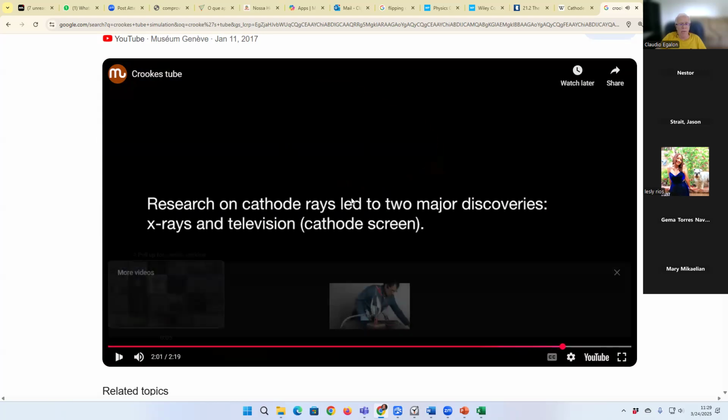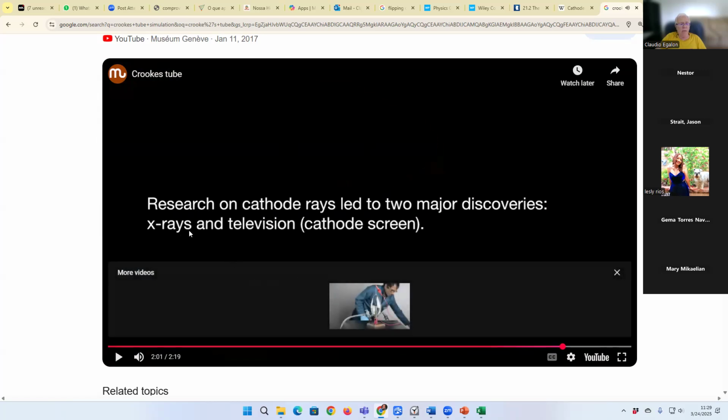Research on cathode rays led to two major discoveries, the X-ray and television. That's how important it is. We ended up discovering X-rays because of the cathode ray tube, because of the Crookes tube. And the Crookes tube also gave rise to the television, to the cathode ray tube that was used in television and also in computer screens, okay?